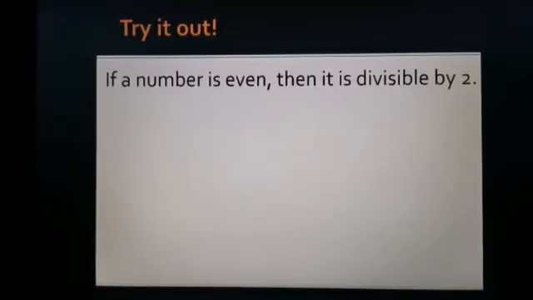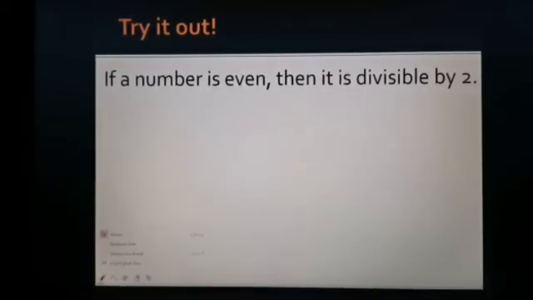Now, let's try it out. In the statement, if a number is even, then it is divisible by 2. This statement is a conditional statement. So you're going to find its inverse, converse, and contrapositive.